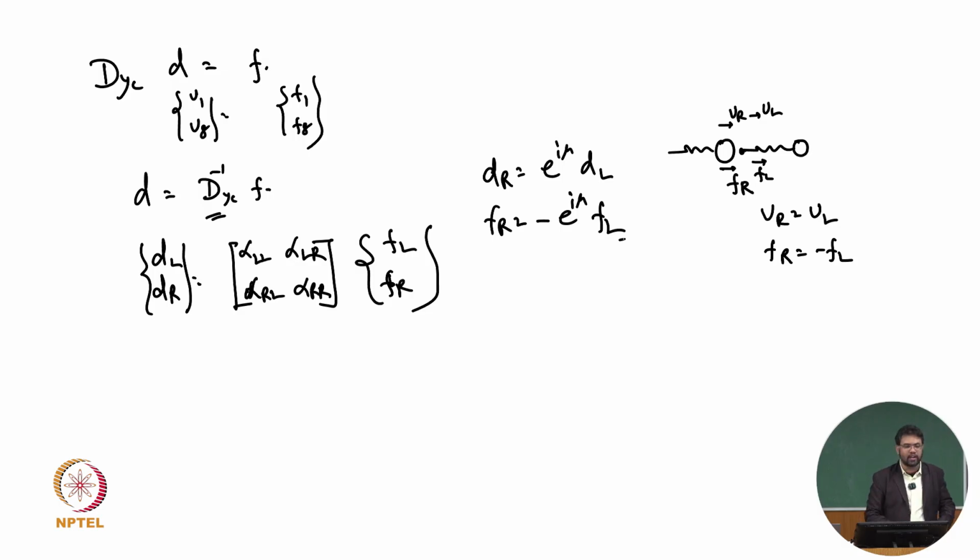Therefore force becomes minus and displacement remains the same, not minus. So now I can write DR equal to alpha RL into FL plus alpha RR into FR.